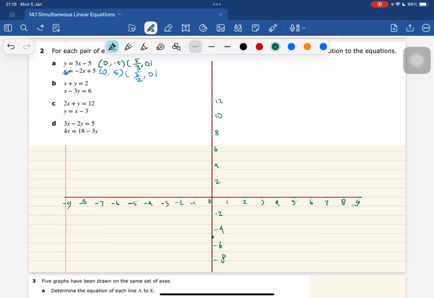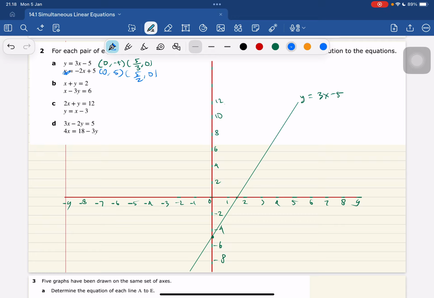And then 5 over 3, which is 1.66, so we can say here. So let us draw the straight line. So this is y equal to 3x minus 5.